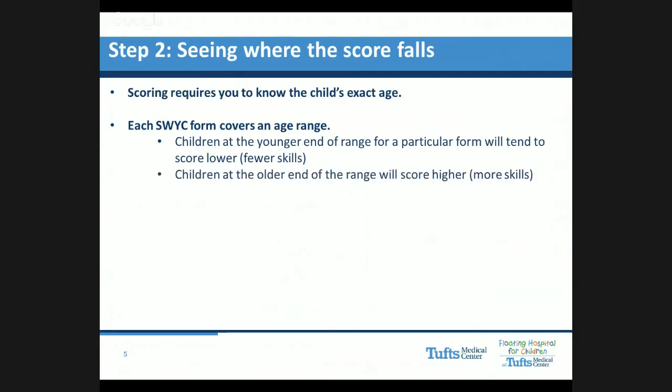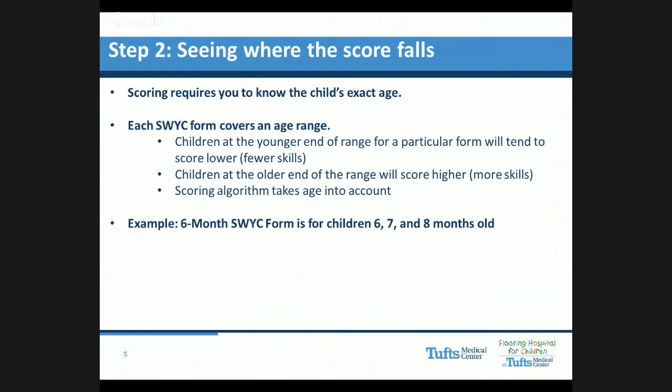We would expect children at the older end of a range to develop more skills than younger children. Therefore, their milestone scores would tend to be higher. The milestone scoring algorithm takes age into account when determining if a child's score needs review or appears typical.